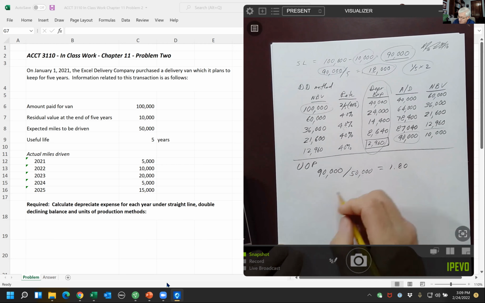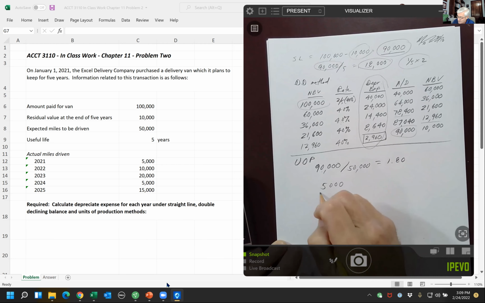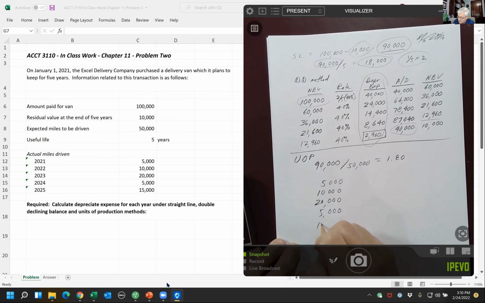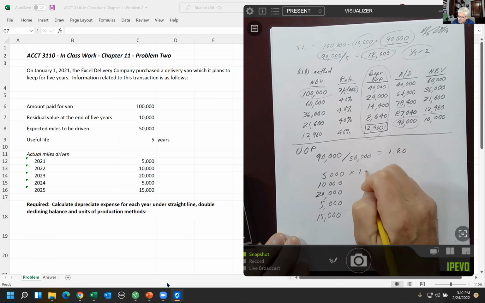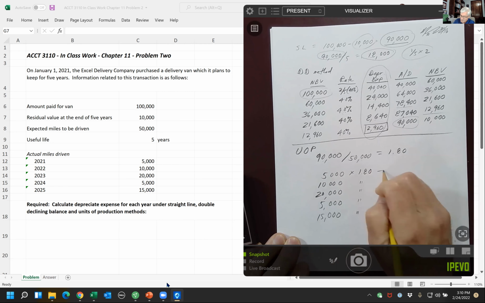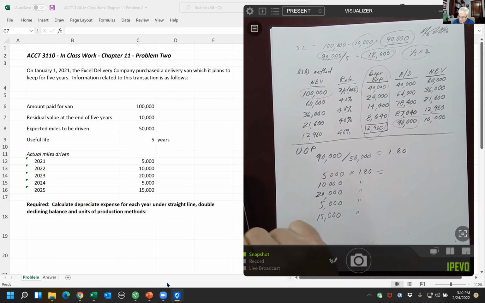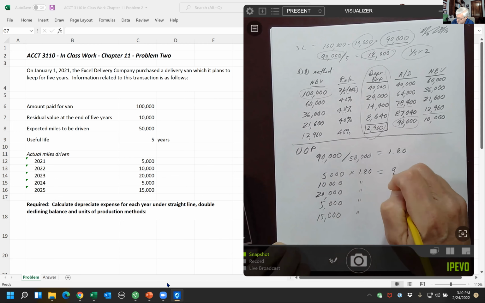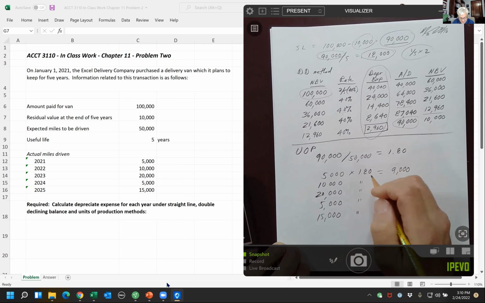All right. How many miles are we going to use it for? 5,000 first year, 10,000 second year, 20,000 third year, 5,000 fourth year, 15,000 in the fifth year, and these are all times $1.80. $9,000. 18,000, 36,000.